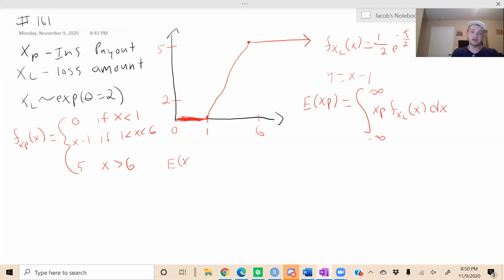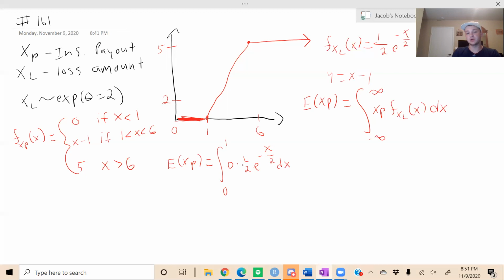So the expectation of X_P equals, our first interval is 0 when X is from 0 to 1. So this will be the integral from 0 to 1 of 0 times the density, 1 over 2 e to the negative x over 2 dx. We can disregard this because we're multiplying by 0.